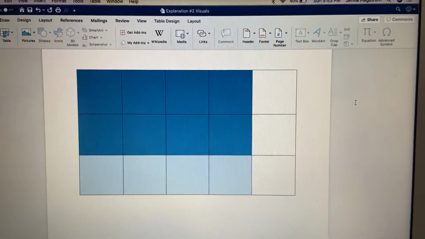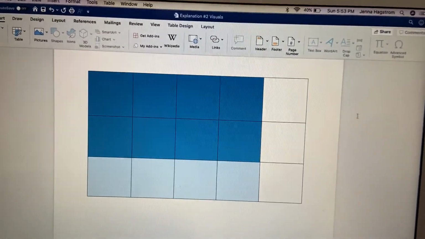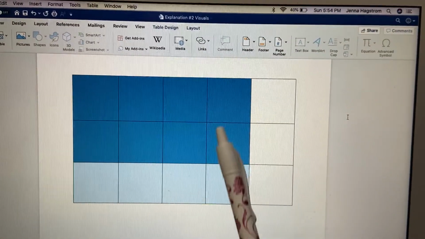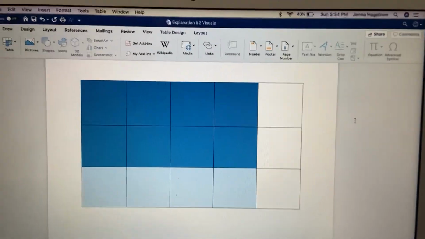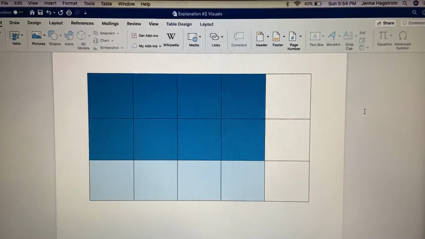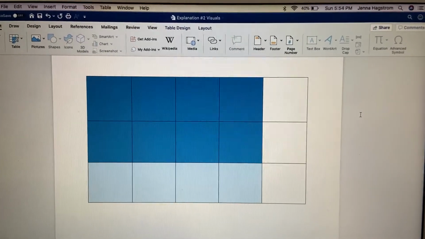Now that we have shaded the 2/3, we need to count how many of those are shaded: 1, 2, 3, 4, 5, 6, 7, 8. We know that the numerator is how many are shaded, so that is why you can multiply across the top.